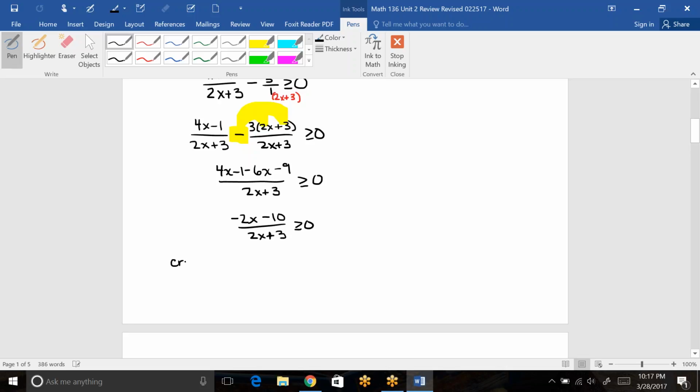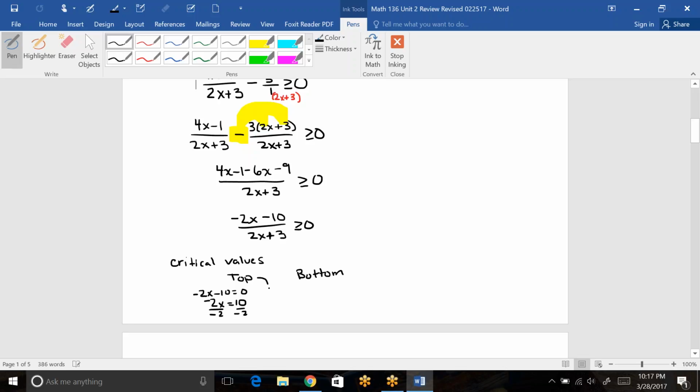So we have what are called critical values. Critical values are places where either the top or the bottom could equal 0. To find those numbers, you set both parts equal to 0 and solve. So negative 2x minus 10 equals 0. We would add over 10 and divide by negative 2.